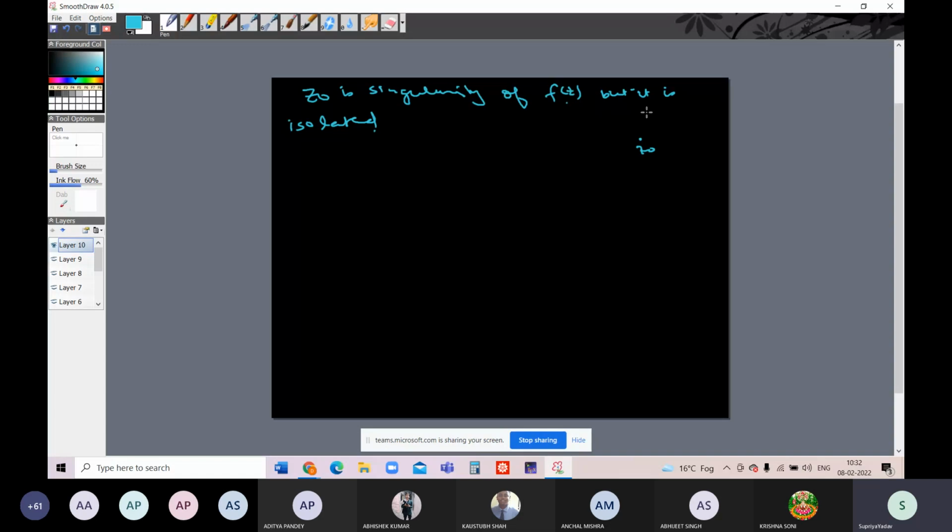Suppose that we have this circular region around this point z naught. The function is analytic at every point, but it is not analytic only at this singular point z naught. So if we take a neighborhood around this z naught and delete this point, in the remaining part our function becomes analytic.